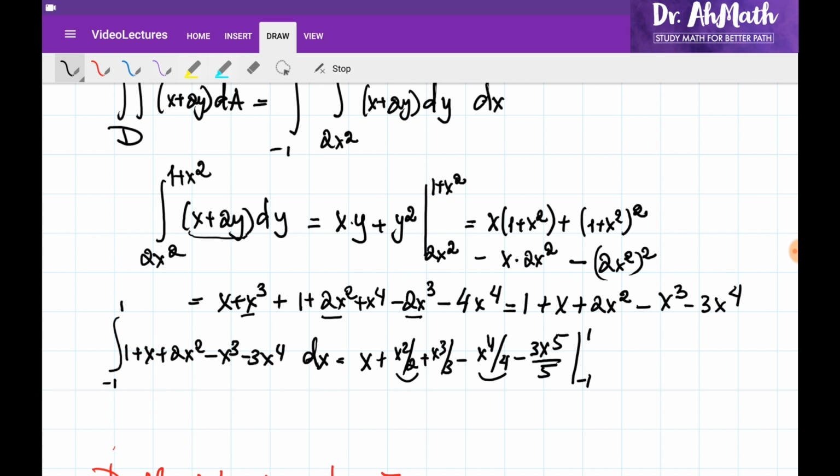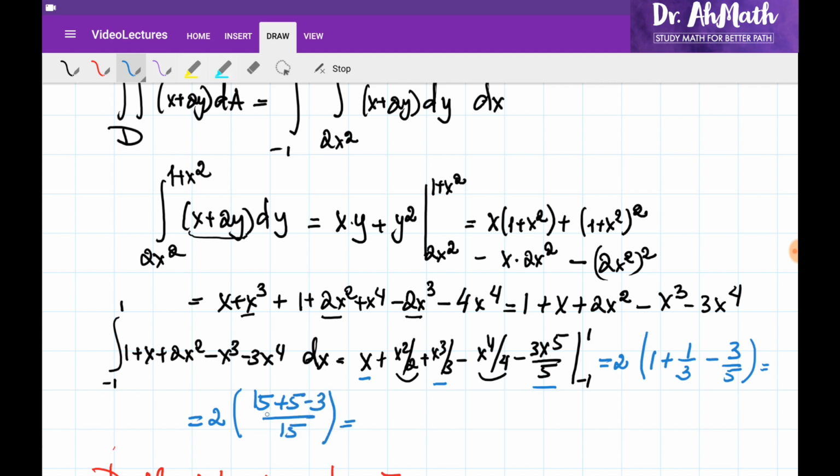And what I will have here is the values for these terms multiplied by 2. So I can write this multiplied by 2, 1 plus 1 over 3 minus 3 over 5. So if I give the common denominator, it would be 2 multiplied by 15 plus 5 minus 9 over 15. And this would be 34 over 15.